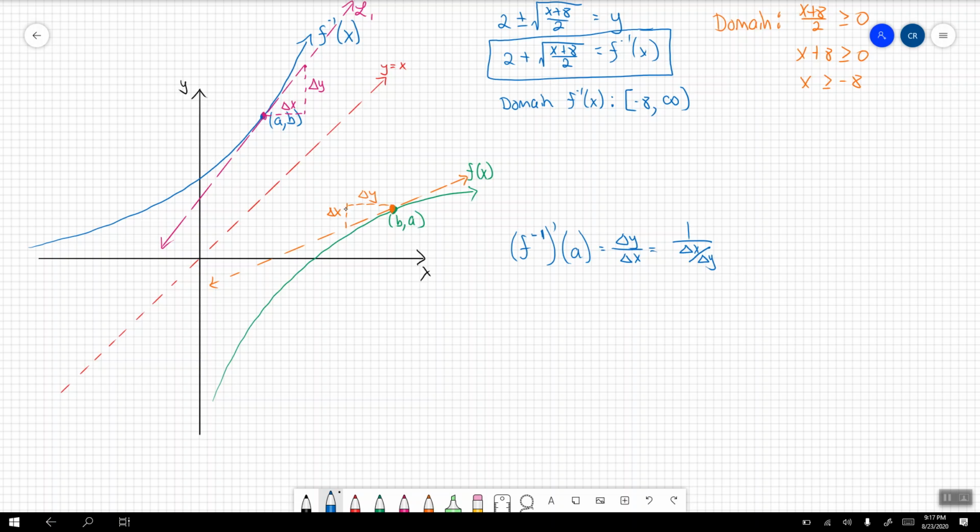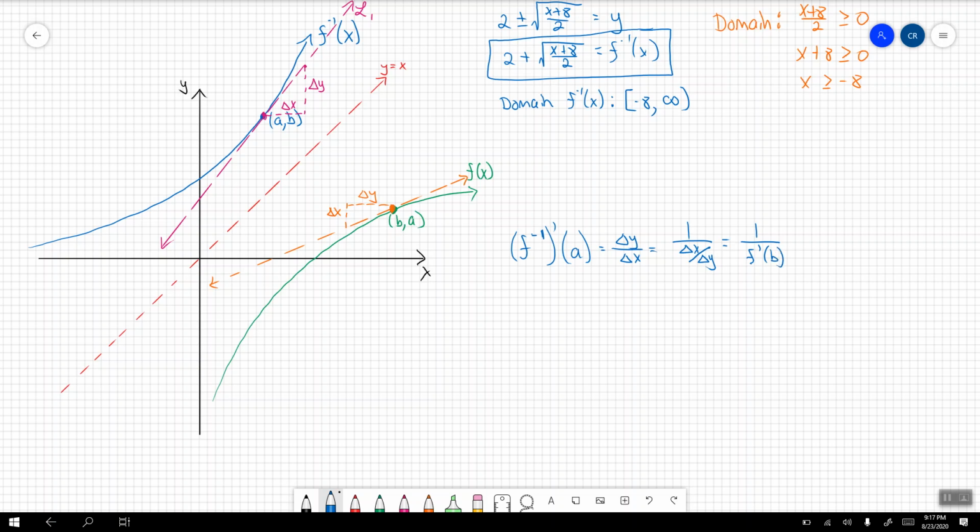Well, that's the rise over the run. In other words, that's a slope, or that's the rate of change for this green function, for f of x, which means this is really the derivative of the function f of x evaluated at the x coordinate, which is b.